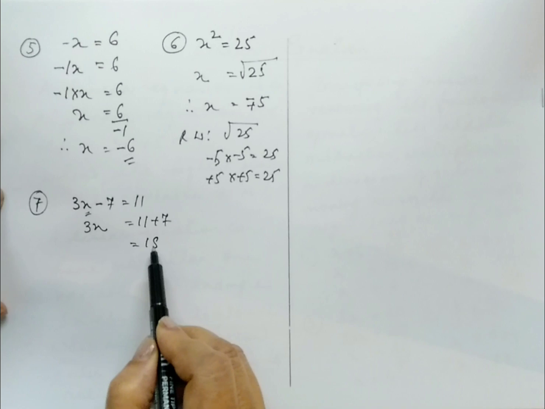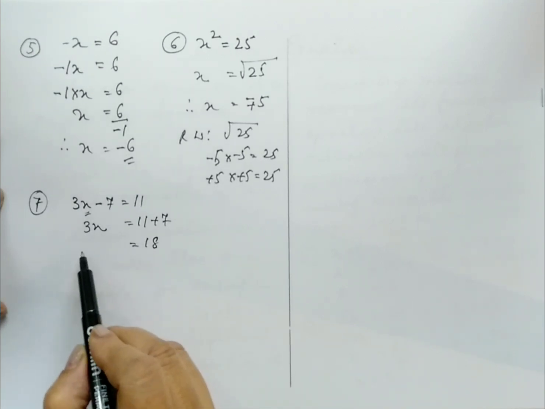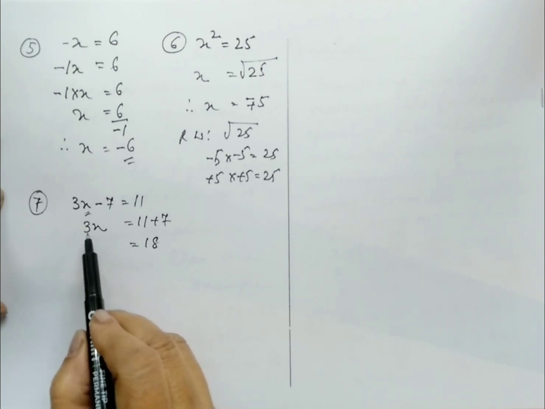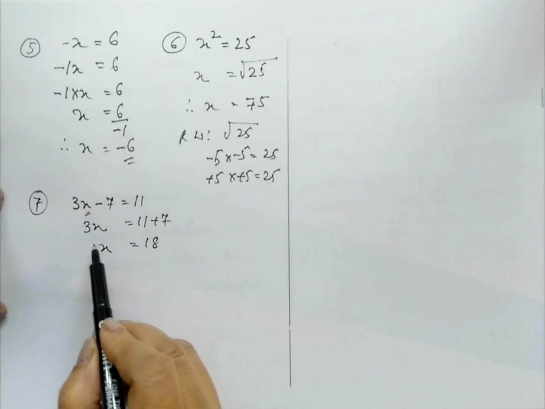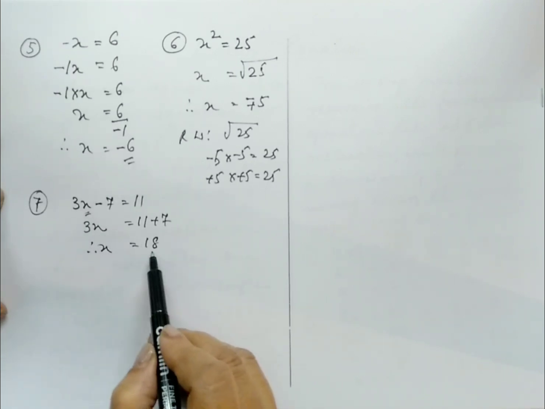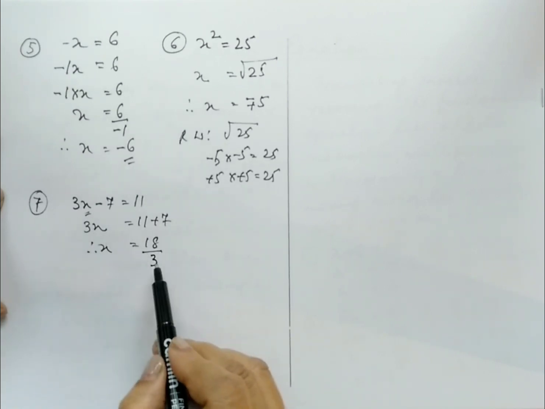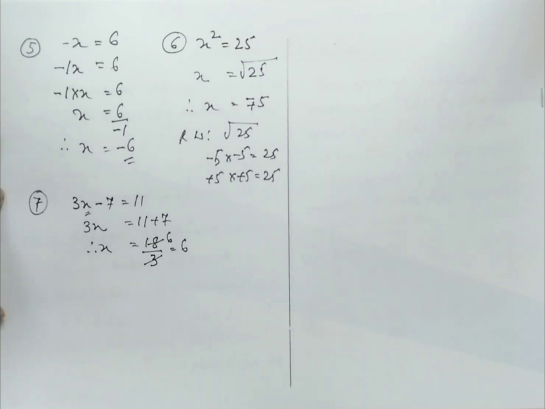I'm still not very happy because my x is sitting with 3 still. So in that case, the bond between 3 and x is multiplication, which means my x has to be alone on condition that 3 goes to divide 18. And so I have 6 over here.